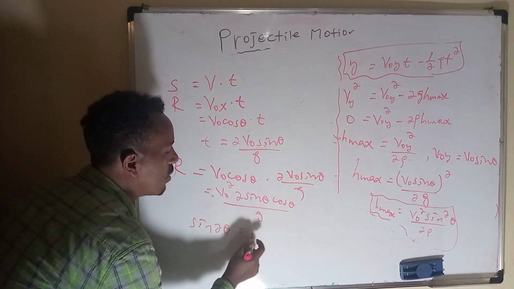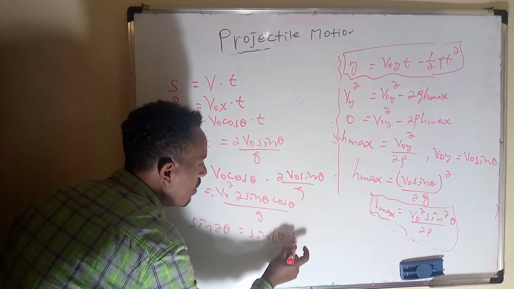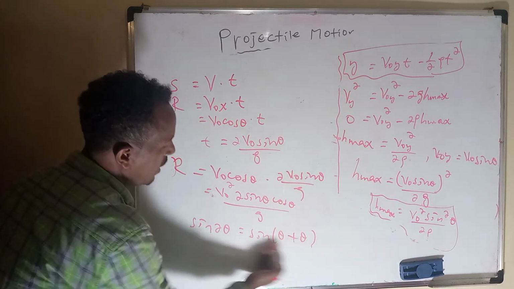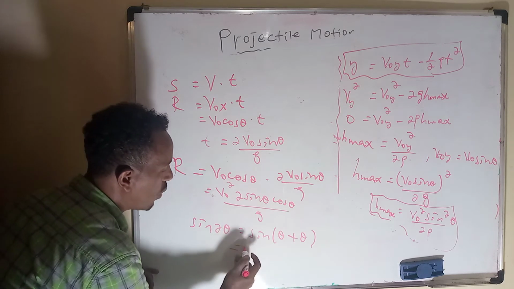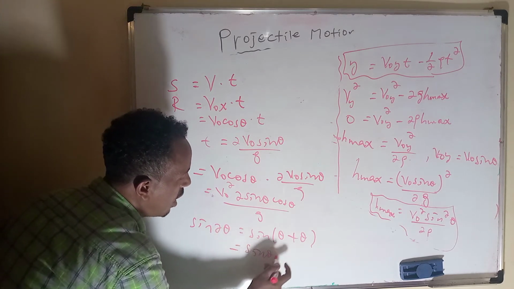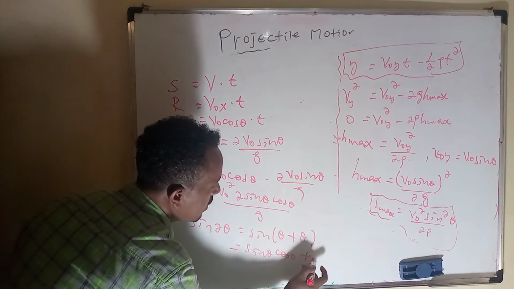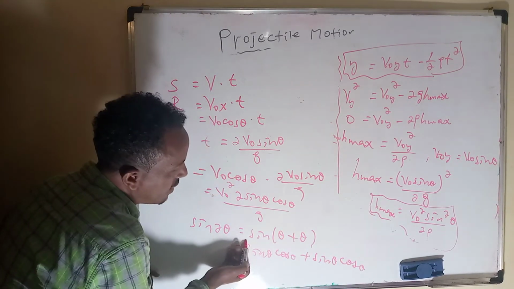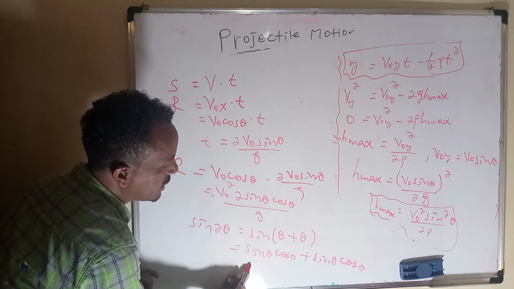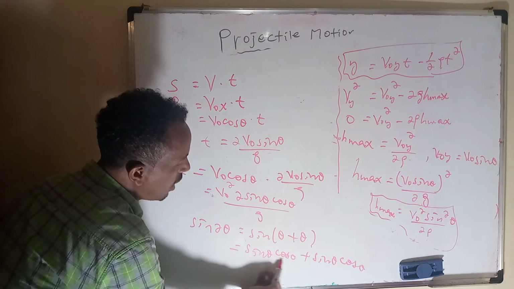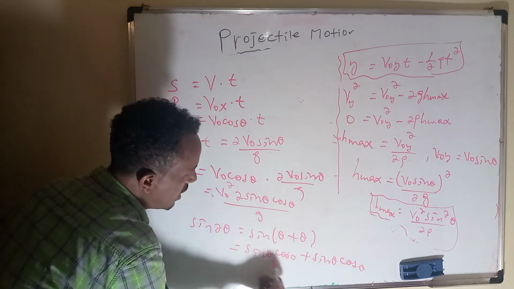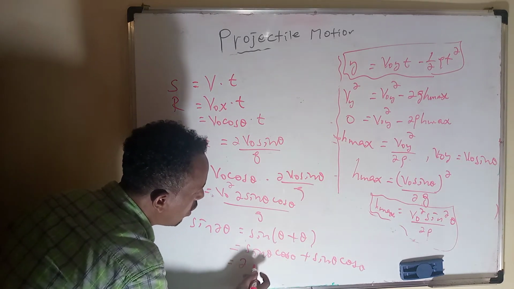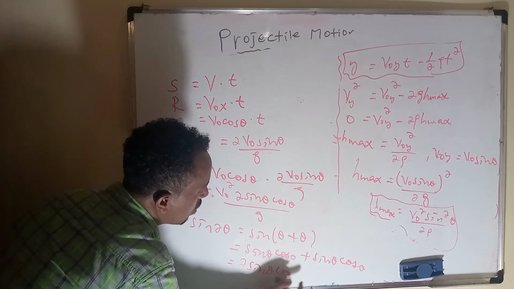Let's keep this as it is and consider sin of 2 theta. sin of 2 theta is equal to sin of theta plus theta, which is sin theta cos theta plus sin theta cos theta, which equals twice of sin theta cos theta.